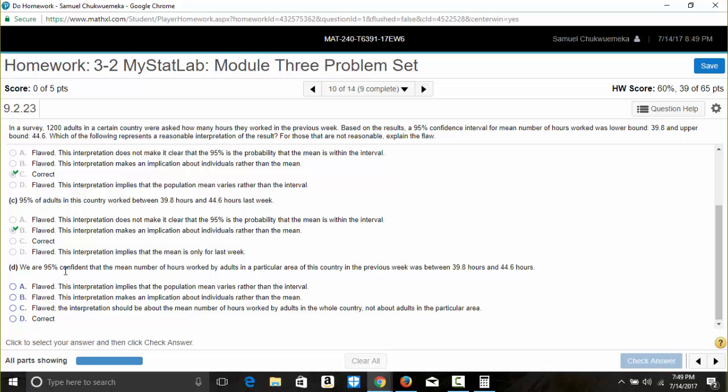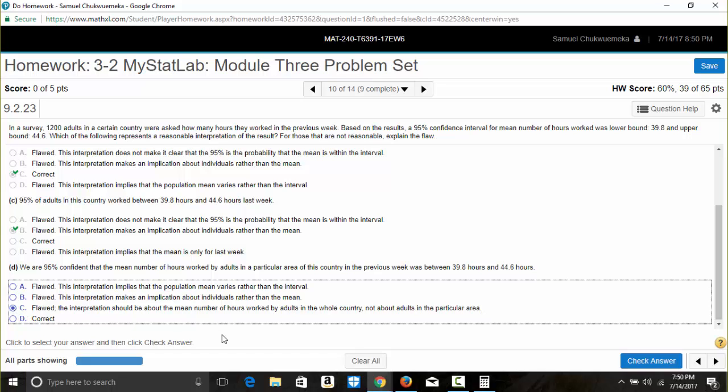Here they said we are 95% confident, which is on a good footing, that the mean number of hours worked by adults in a particular area of this country. That is not what the question said. So no, it's flawed. The interpretation should be about the mean number of hours worked by adults in the whole country, not about adults in a particular area. Yes, that is why it's flawed.